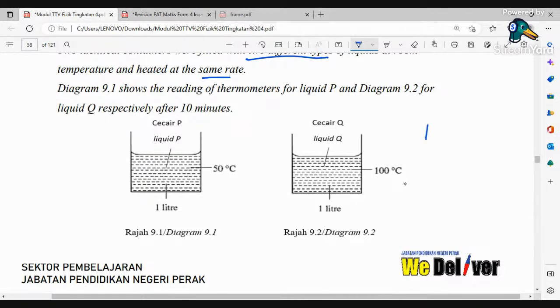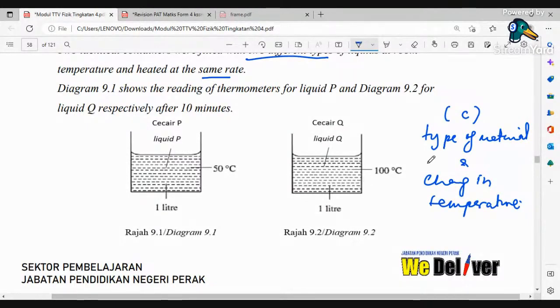So this one we discuss about type of material, and when we talk about type of material means specific heat capacity. So specific heat capacity and temperature, the relationship is inversely proportional.